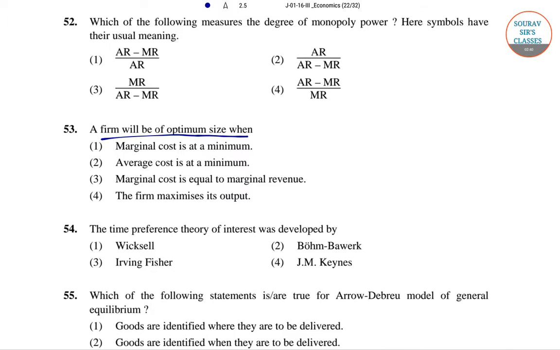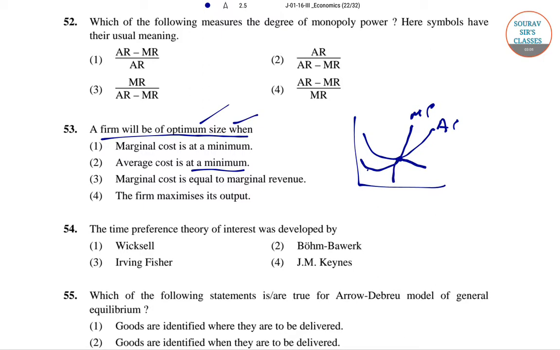So for question number 53, when average cost is minimum, the firm will be at optimum size.